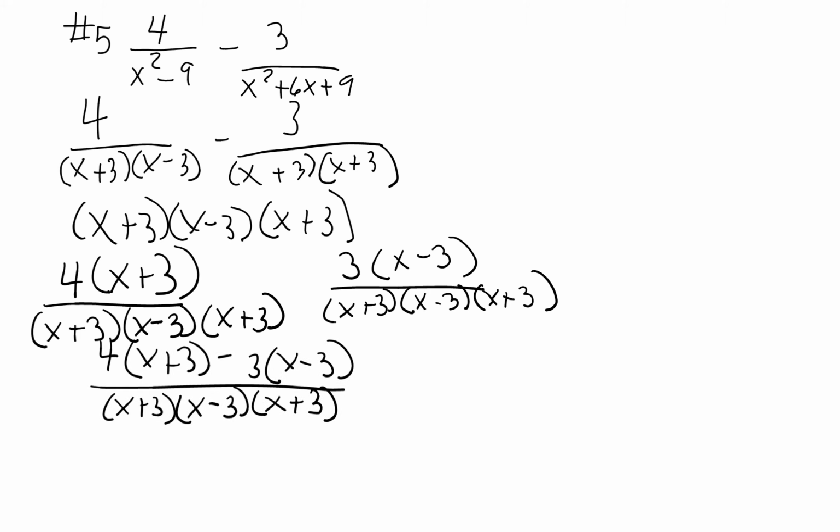Now over here we are going to simplify the numerator by distributing and combining like terms, and that's going to give us 4x plus 12 minus 3x plus 9 over the LCD.